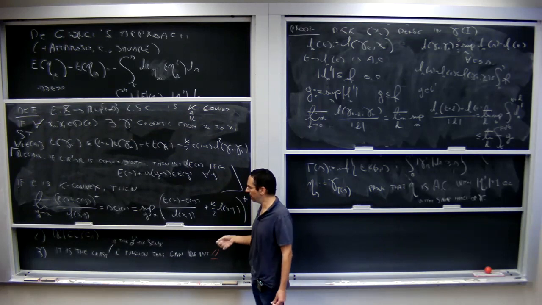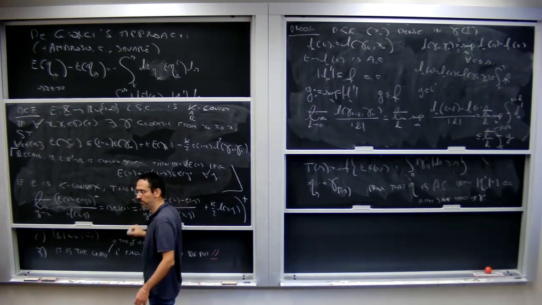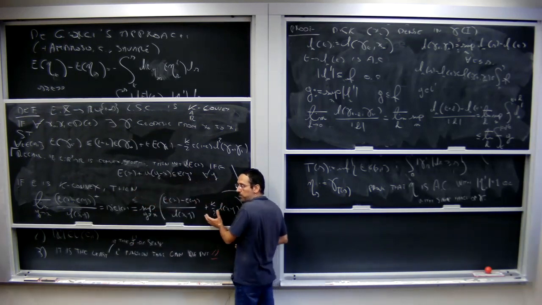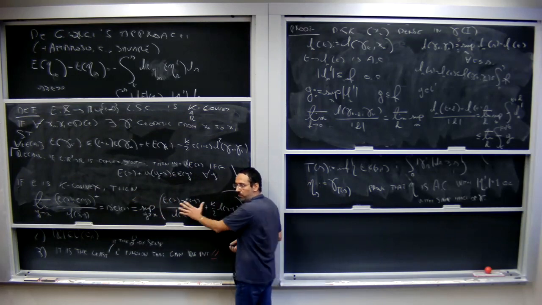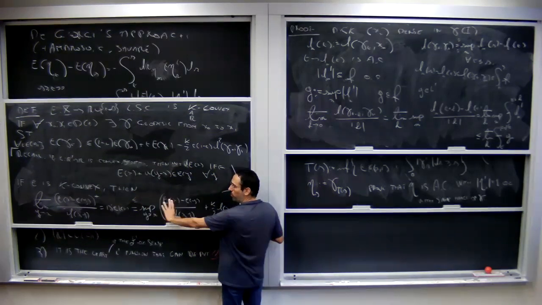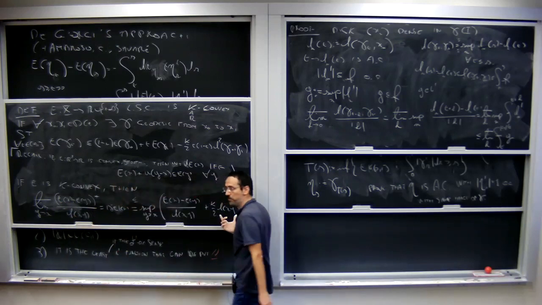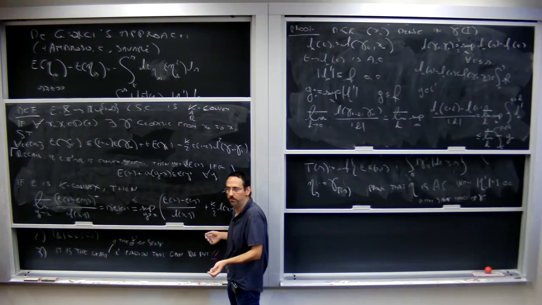So let me prove this. Of course, this inequality is obvious, because if you take the lim sup when Y goes to X, this term will not play any role, right? And so the lim sup of this quantity when Y goes to X is the same as the lim sup of this quantity, because this becomes small. And of course, the lim sup is less or equal than the sup. Okay, so I have just to prove the other inequality.